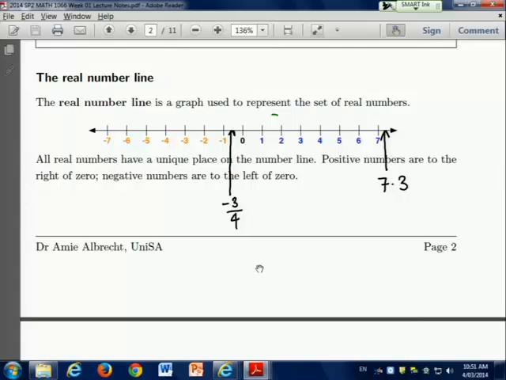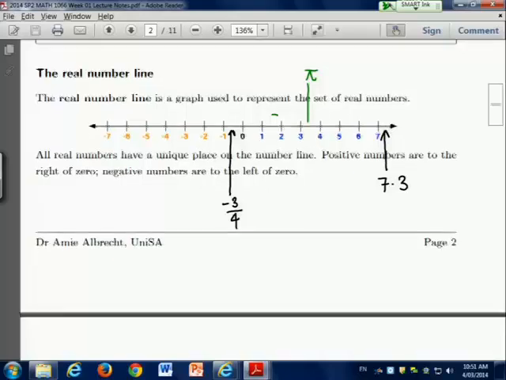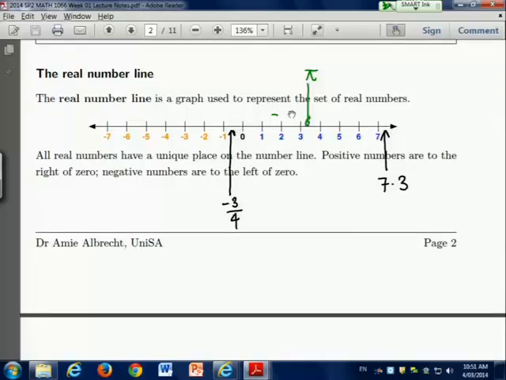It's not in the list, but where does pi go? Somewhere between 3 and 4, a lot closer to 3 actually. You get the idea.